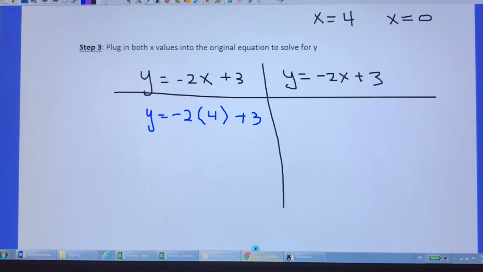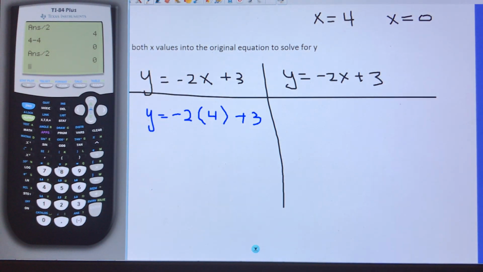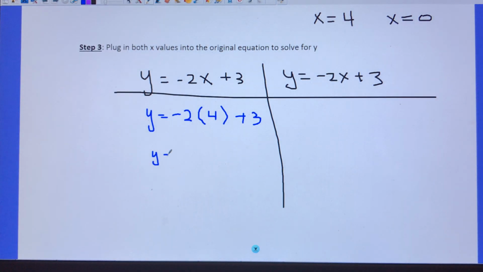I'm going to put that in the calculator exactly the way it is: negative 2 parentheses 4, close parentheses, plus 3. And I get y equals negative 5. So my first answer is 4 comma negative 5. It's x comma y. So that's my first answer.